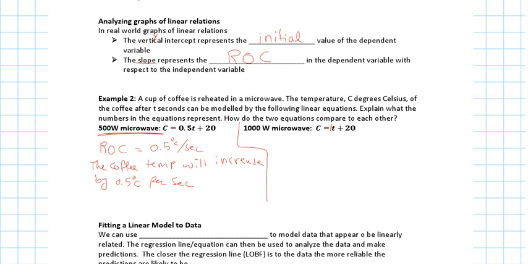How about for the second microwave? 1 degree per second. For this one, the rate of change is 1 degree Celsius per second, which means the temperature will increase 1 degree for every second you put it in.